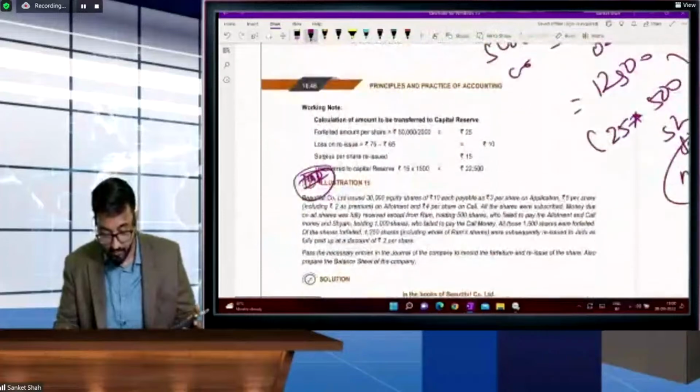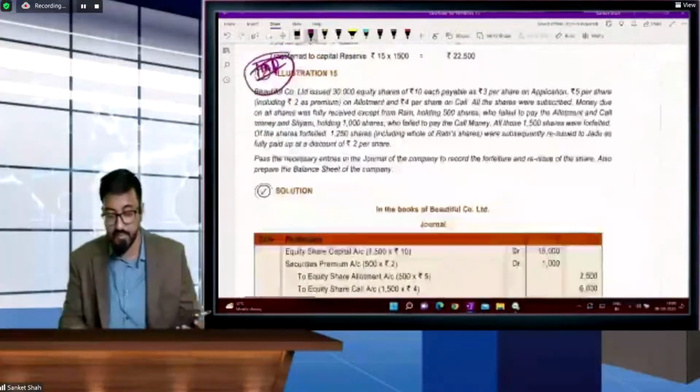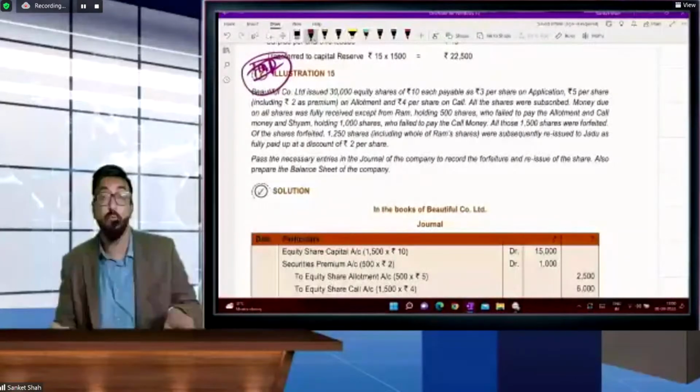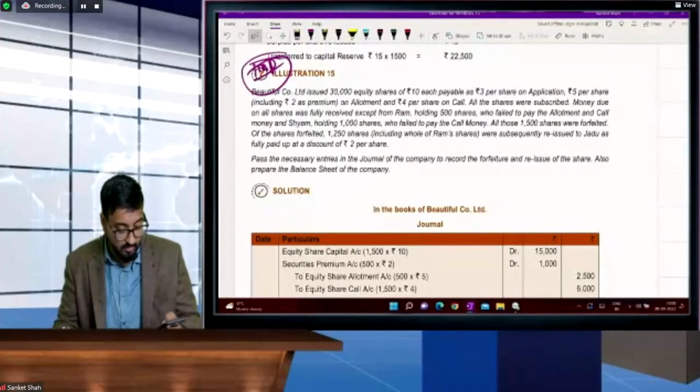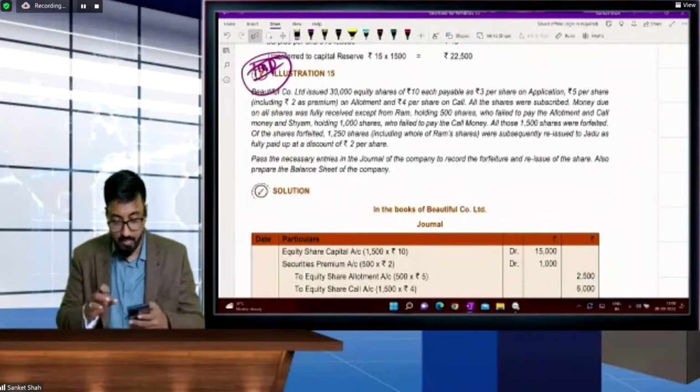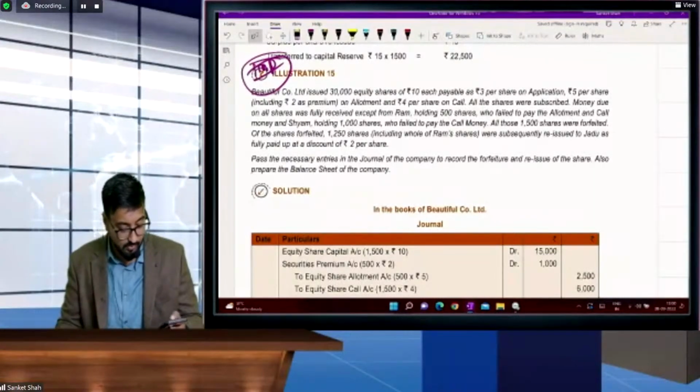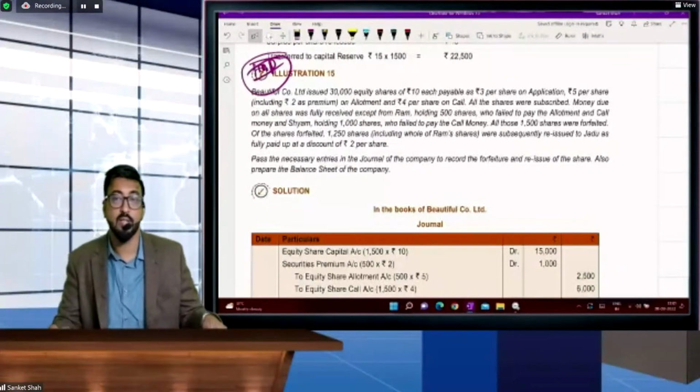So beta, 13 number, 14 number easy है. Now I am giving you 15 number. इलस्ट्रेशन 15 पे ध्यान देते हैं.